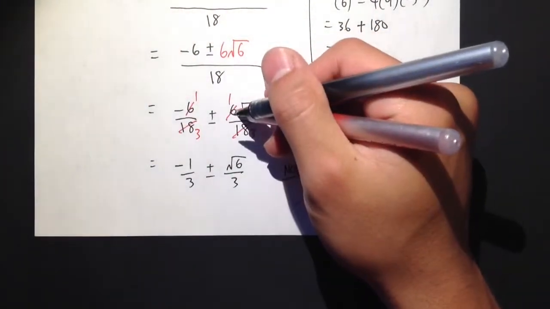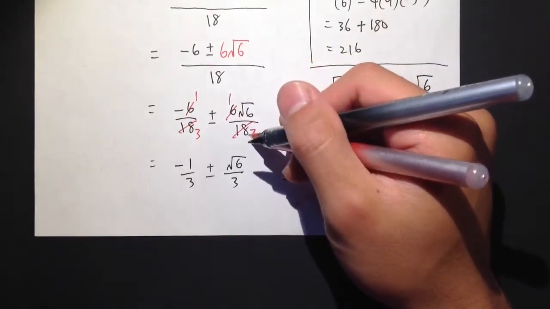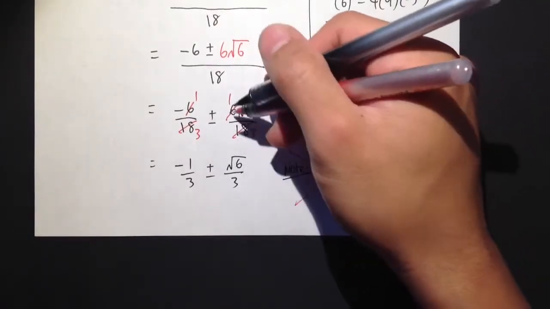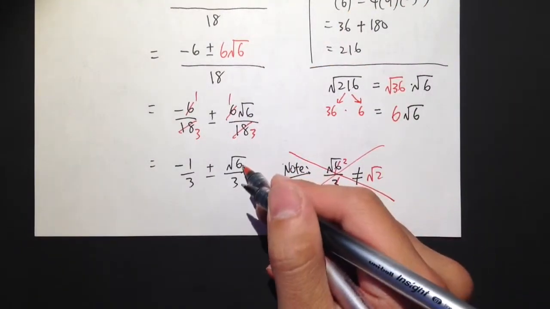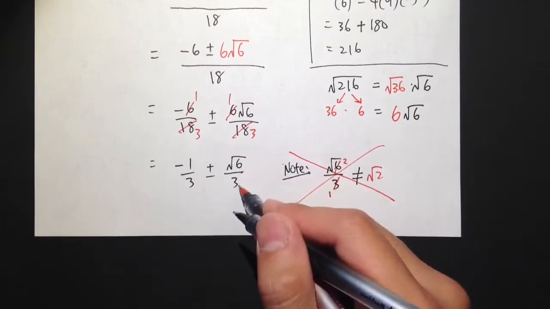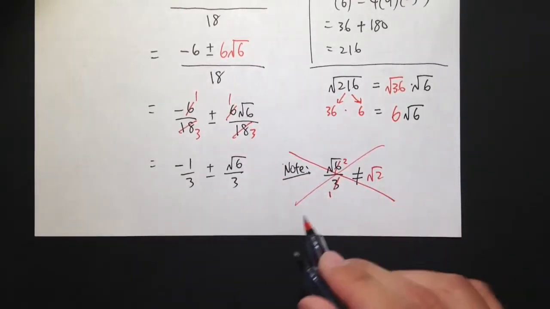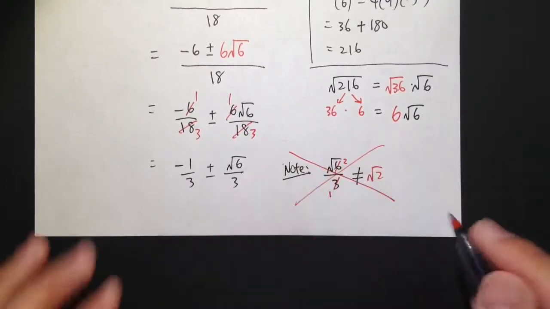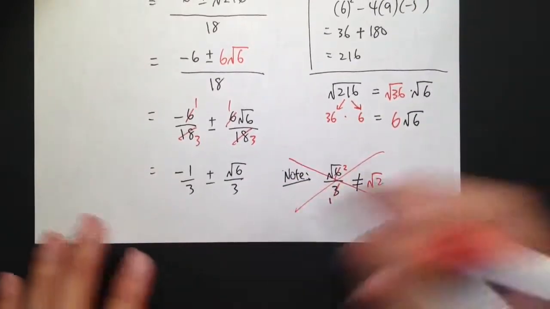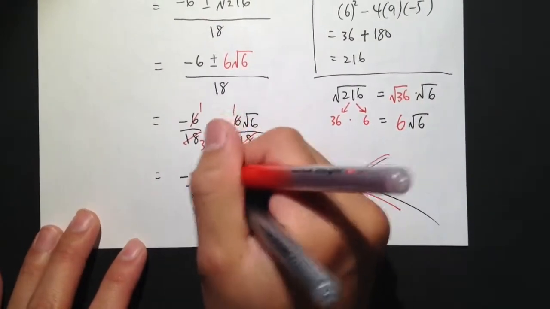This 6 was outside, this 18 was also outside of the square root. That's why I can reduce these 2 numbers. Now, here, the 6 is inside the square root, but the 3 is not. So we cannot do any further simplifications. So cross them out. Don't do this. Don't do this. Don't do this.